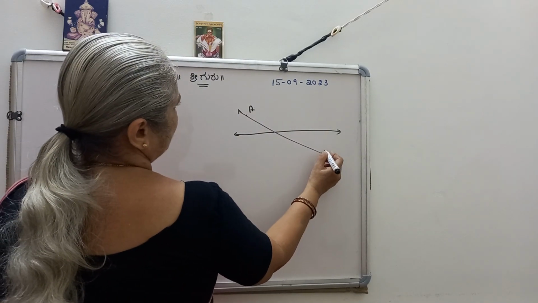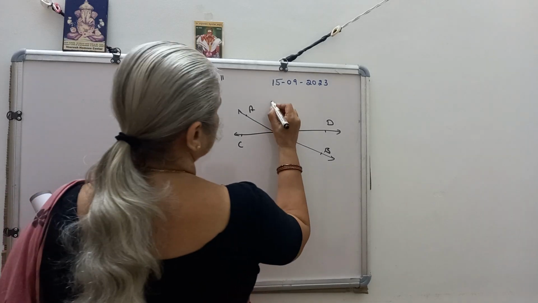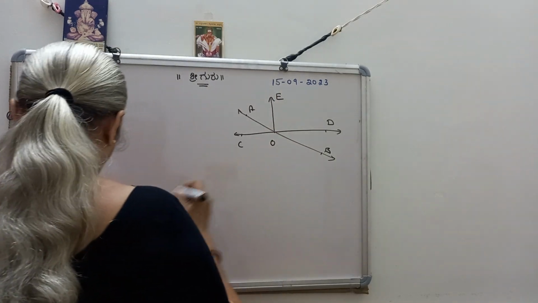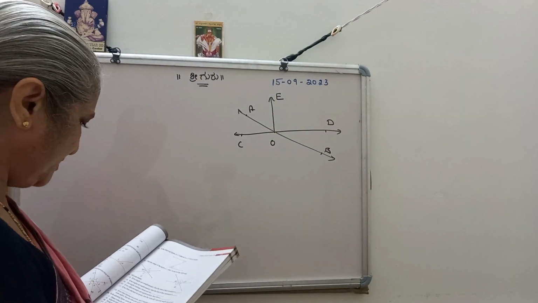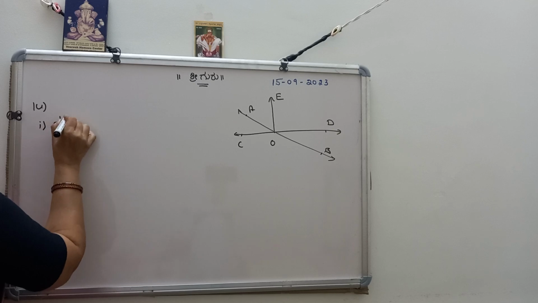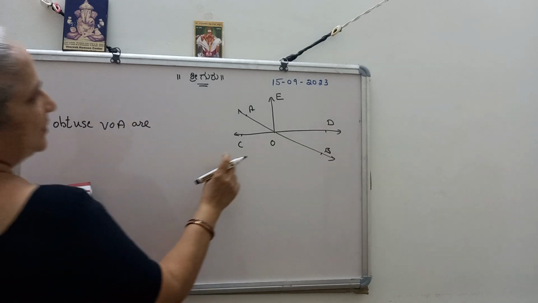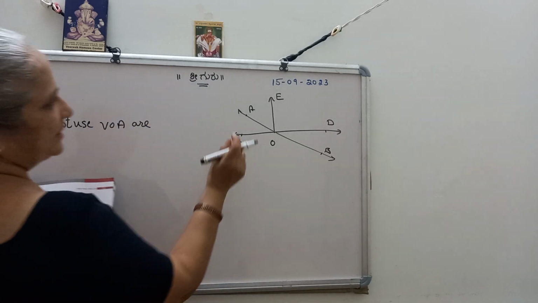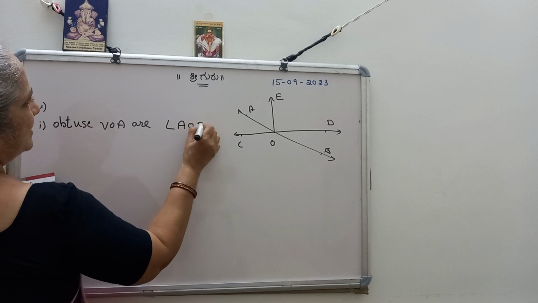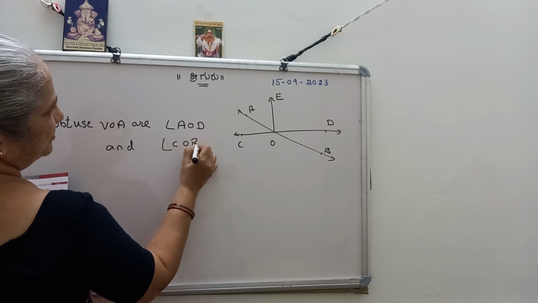This is A, this is B, this is C, this is D, and O, E. Obtuse vertically opposite angles are, obtuse means more than 90 degrees, AOD and COB. Angle AOD and angle COB. These two.